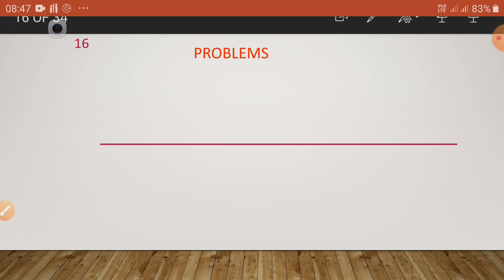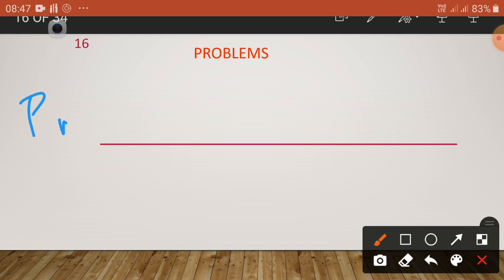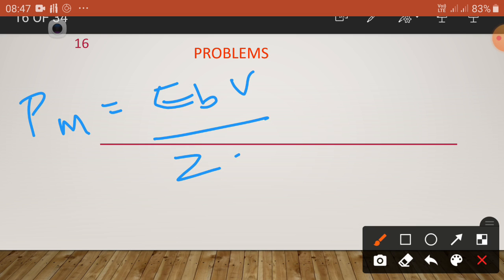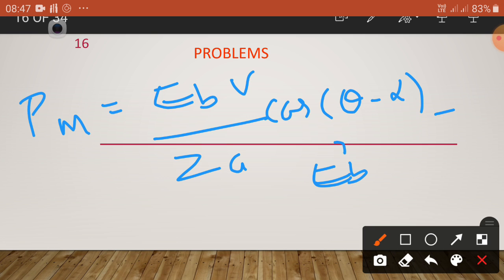PM, the mechanical power developed in the motor, we can write as EB V divided by ZA into cos(theta minus alpha) minus EB square by ZA into cos theta. This is a derived equation. There is no derivation for you. First, you remember that one.